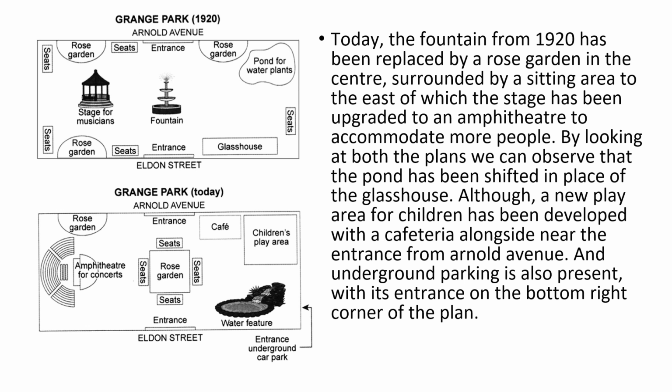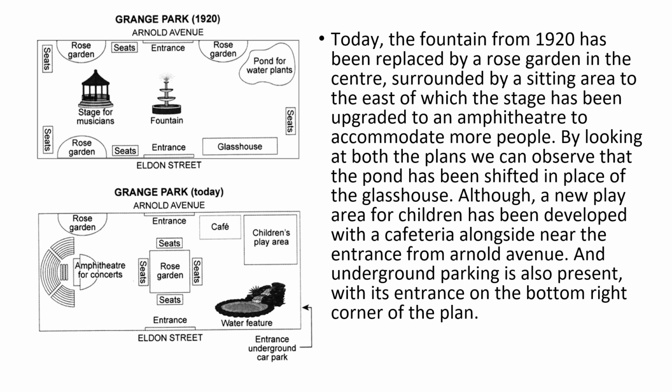The following sentence: by looking at both the plans, we can observe that the pond has been shifted in place of the glass house. This sentence is problematic on two levels. First, the writer is equating the pond to the water feature.